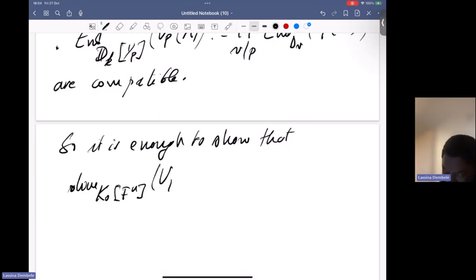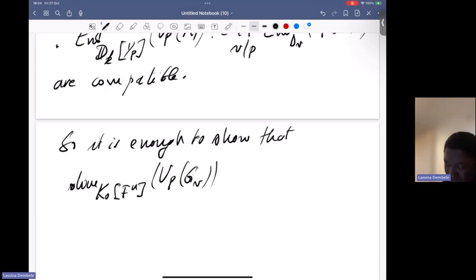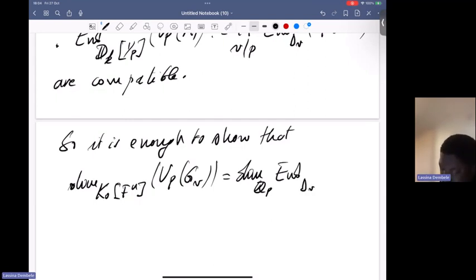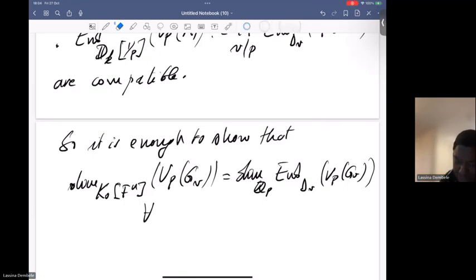So if I can show that the dimension of the Tate module of GV over K0 Fn is equal to the dimension over QP of this endomorphism ring, and if I can prove this for all V, then I'll be done, right?